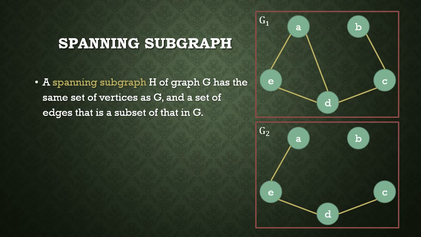The set of edges in G2 is a subset of the set of edges in G1. So this makes G2 a subgraph of G1. Since the set of nodes is the same in both G1 and G2, G2 is a special kind of subgraph called the spanning subgraph.